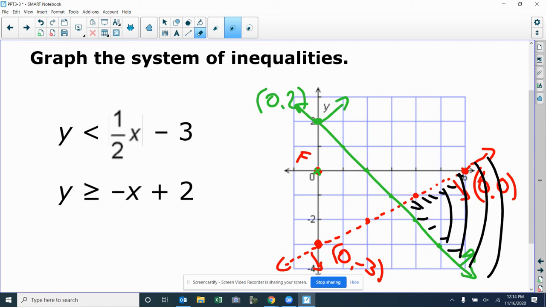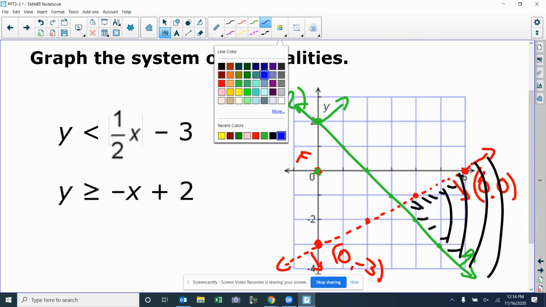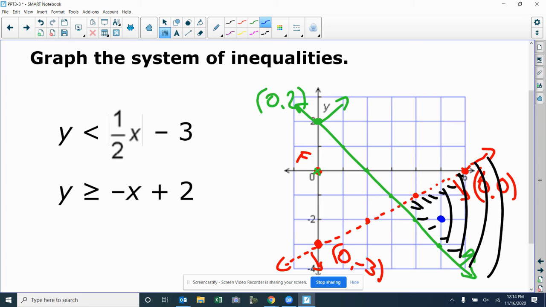So let's think what a point over here might be. Let's come up with one just for kicks and giggles. Is that point within that shaded area? So let's see, my X is 5, and my Y is -2. If we plug 5 in for X and -2 in for Y, here that's 5/2, and then we have -3, and that is a true statement, okay?